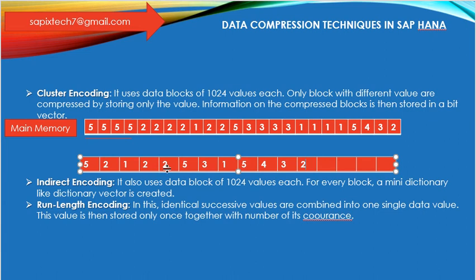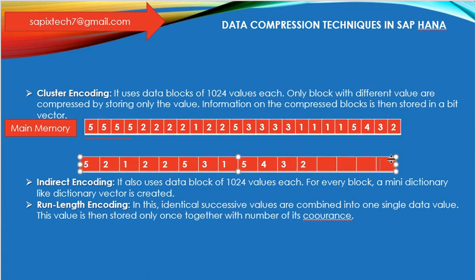It will store this. So you can see we have our 24 columns here, and now data is stored in just 12 columns only.